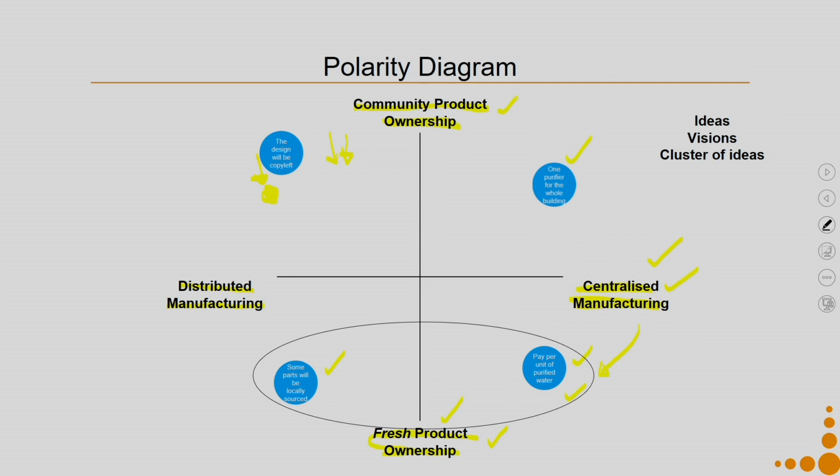As soon as I compare individual product ownership versus Fresh product ownership, the whole polarity diagram will again change. So, you can have multiple polarity diagrams and it helps you to further dissect the sustainabilities and unsustainabilities and come up with better sustainable solutions.